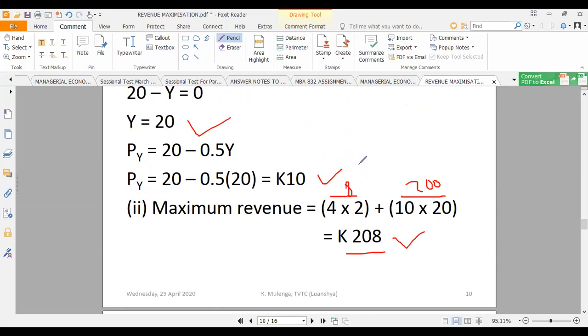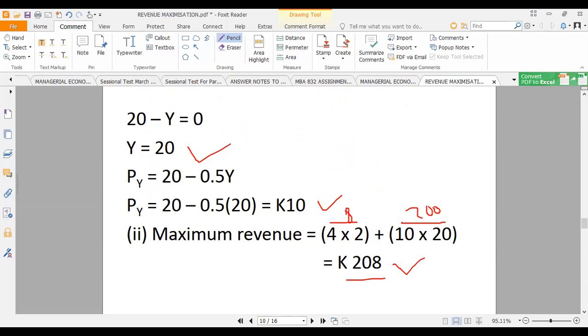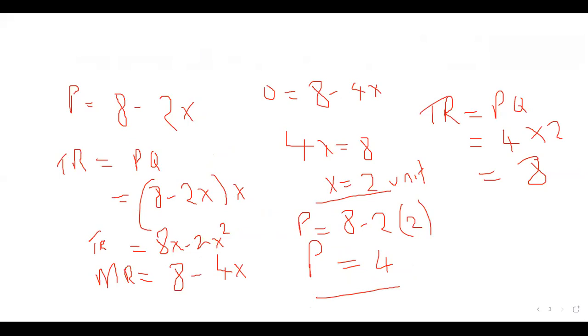Then you will now be asked to calculate the elasticity of demand. Since I explained the elasticity of demand, I will do the same on good x and you do it on good y.